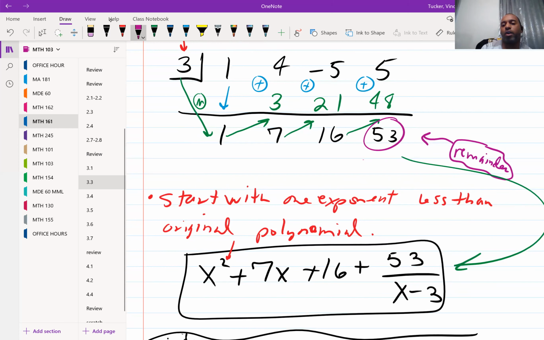And this last one is our remainder, just like before. So this is going to be x squared plus 7x plus 16, and then 53 over x minus 3, which is what we were originally dividing by. All right, questions? Any questions?